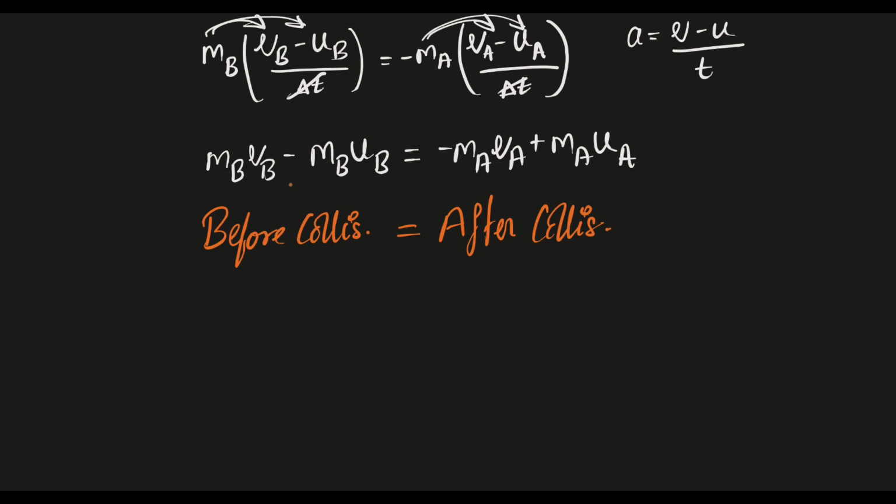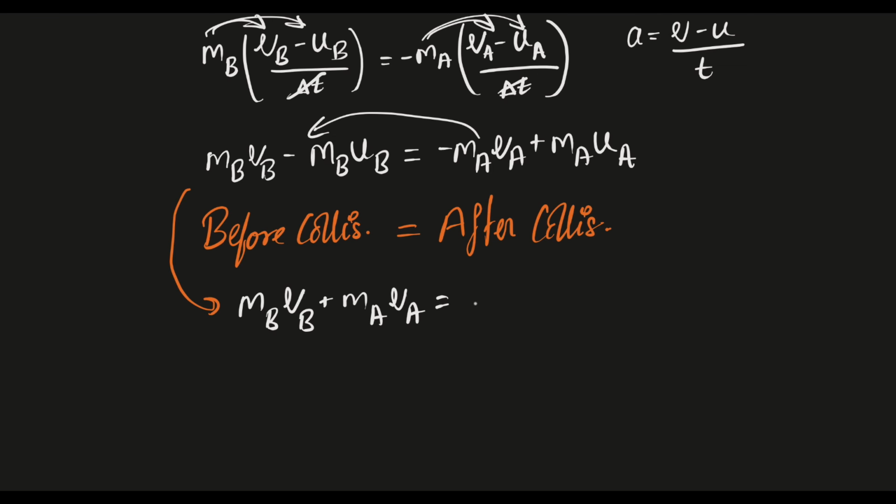Let's take this, wait, let me just show you this. Let's take this V here, so I don't need to deal with many things. MB VB plus MA VA is equal to, taking this over here, you know how that works, right? Algebra. So MA UA plus MB UB.